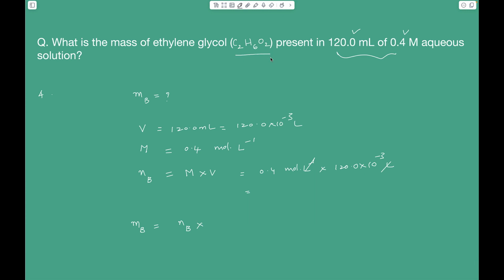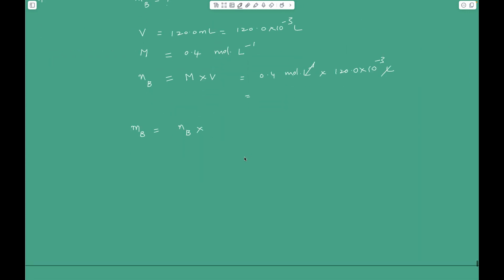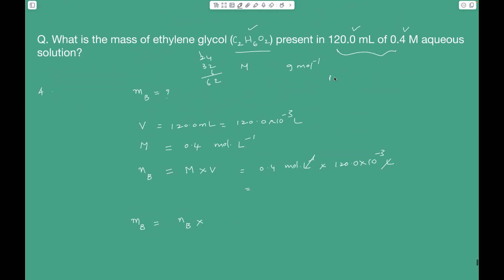And because you know the molecular formula of glycol, it is given here, you can figure out its molar mass in gram per mole. Is it 24 plus 6 plus 32, 62. So the molar mass of ethylene glycol is approximately 62 gram per mole.